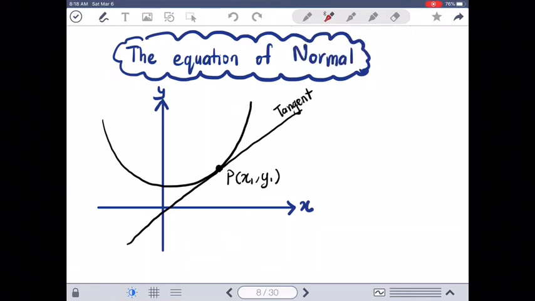And for every tangent, there will be a perpendicular straight line that passes through the same point. So the angle between the straight line and the tangent is 90 degrees. This straight line is known as the normal.